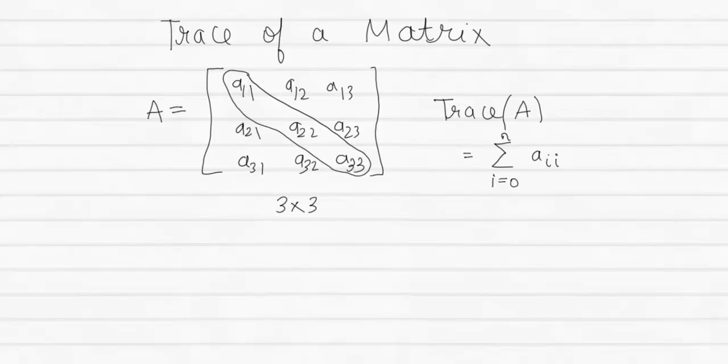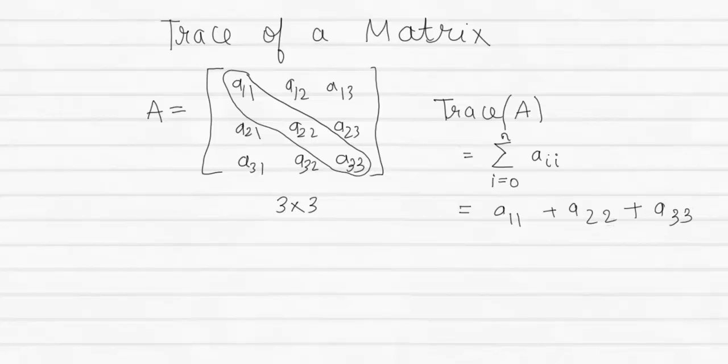This is the element in the first row in the first column, this is the element in the second row in the second column. In the same way, this is the element in the third row and third column. So we can write trace of A as this, and for this example, it's going to be equal to A11 plus A22 plus A33.